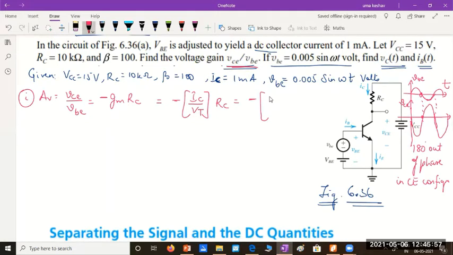Therefore, could you find out this? 1 milli by 26 milli into RC, which is 10K.